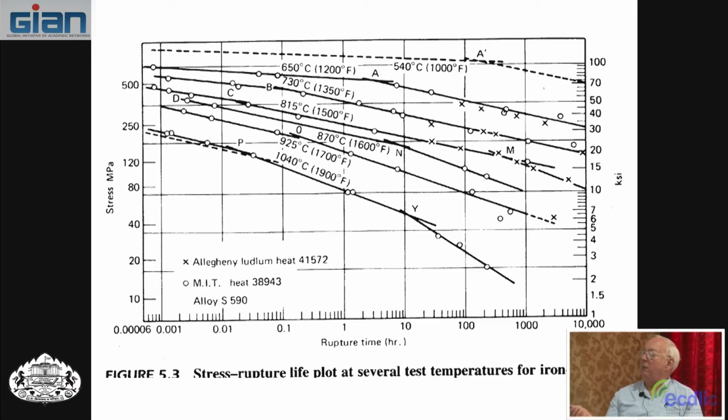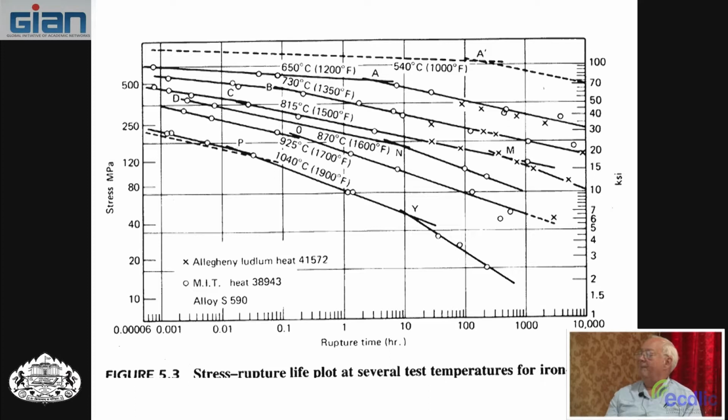Each point here would be a different test. They put the specimen in a creep fixture, which has a constant load applied to it, usually through a lever to increase the load from the load pan, and then you measure the time it takes to fail. Of course, at higher temperatures, it takes less time to fail than at lower temperatures.